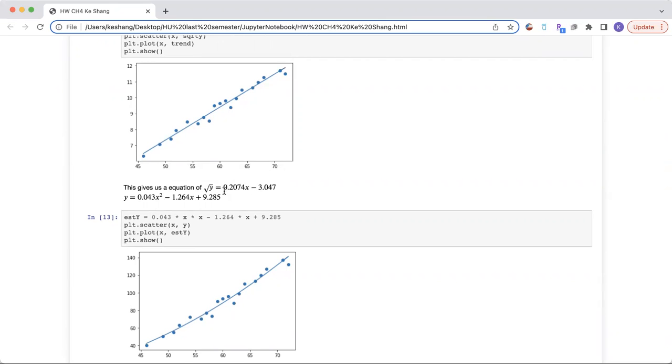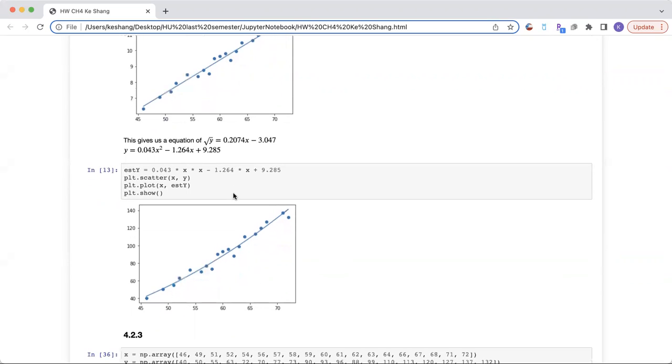After we transform this by squaring both sides, we get our final equation: 0.043x squared minus 264x plus 9.285. After plotting those data, we can get a pretty good fit line in this graph.